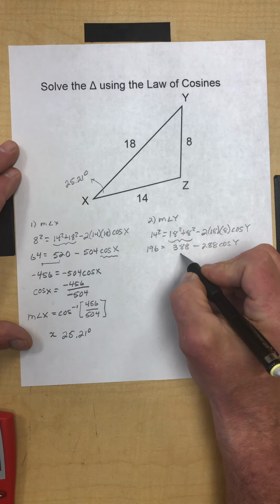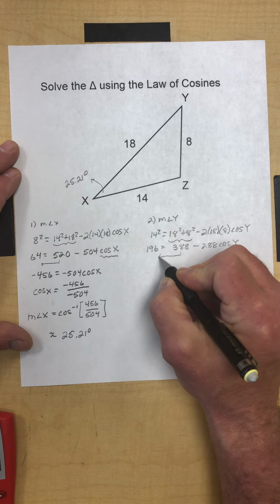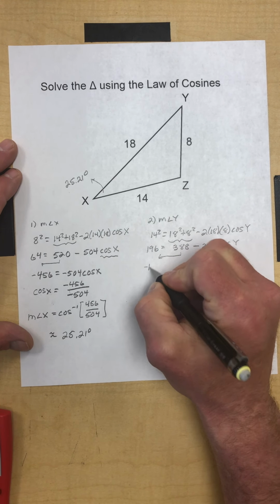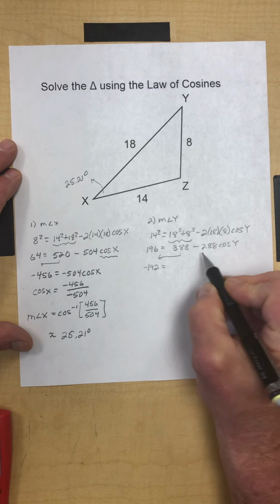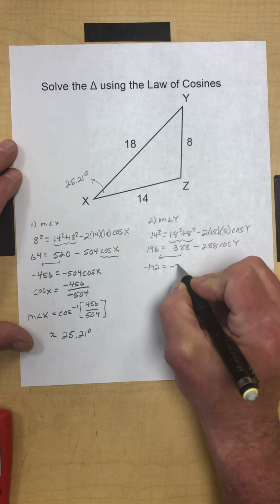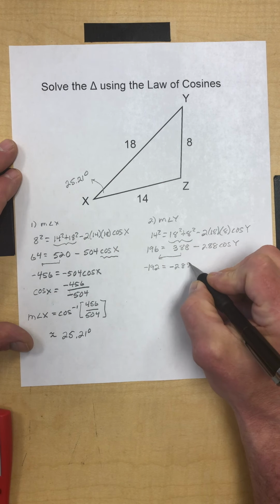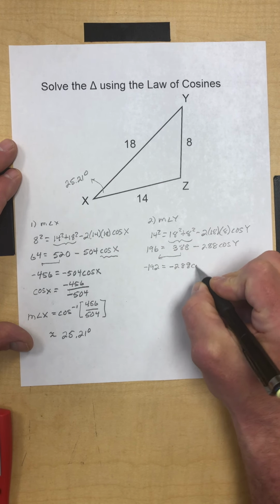So I've got to subtract the 388 from both sides. So I go 196 minus 388, and that gives me a negative 192. Don't forget this negative sign. Negative 288. I'm sorry, that's an 8. I'm running out of lead.